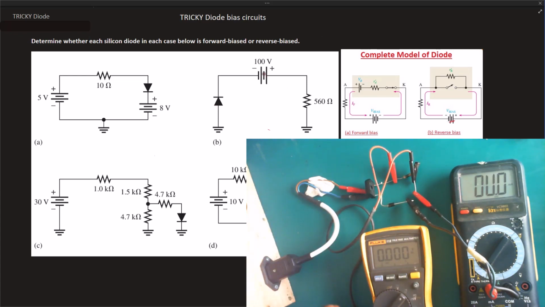So effectively we're going to be getting about 90 something volt, right? Depending on the calculations, out of the 90 something volt, 0.7 is dropping here, and the rest of the voltage is sitting across this resistor.